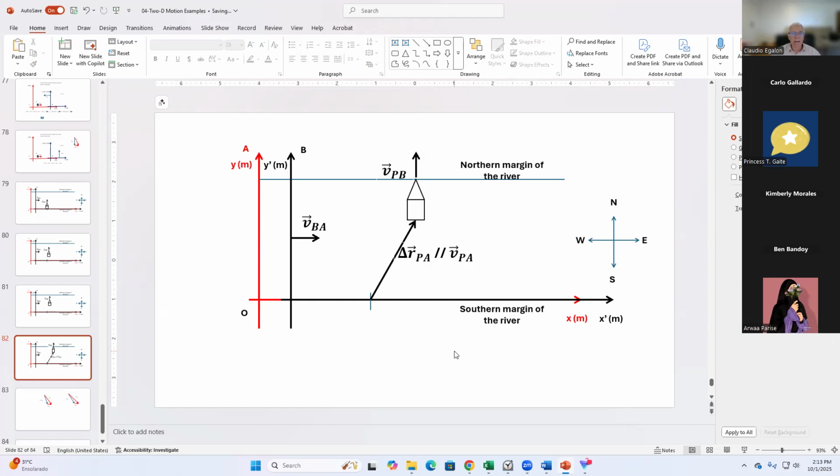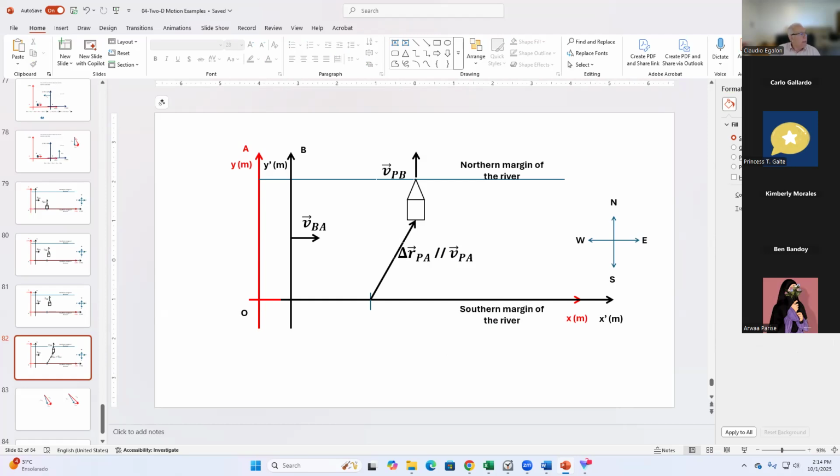Parallel to that, the relative velocity of the boat. It's going to be something like that. Did you get the idea? That's a simpler problem.